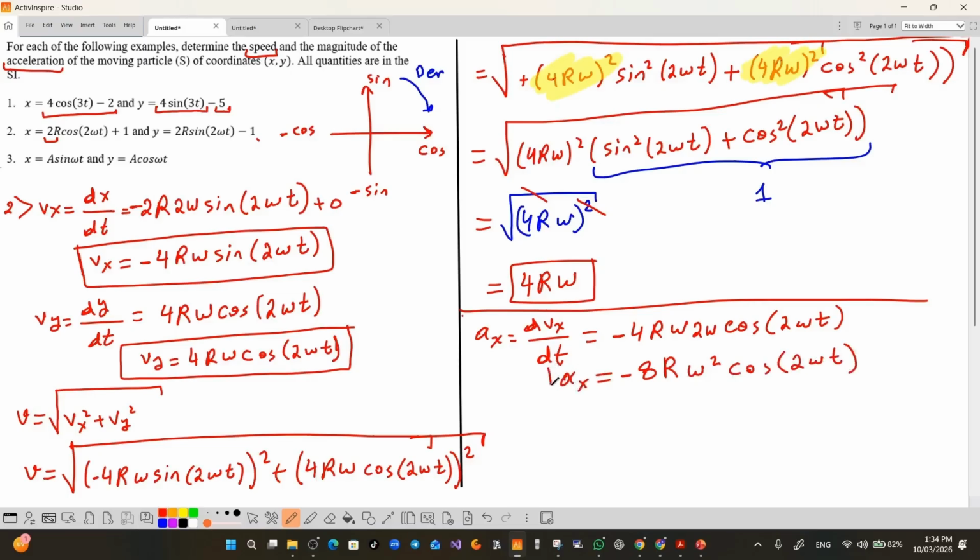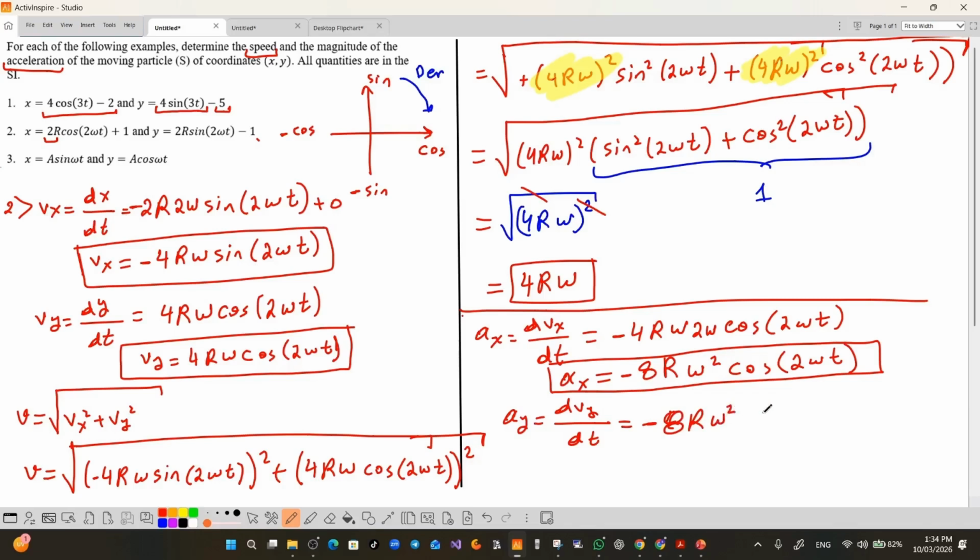This is the ax. What about the ay? It's the derivative of the Vy with respect to time. Now the derivative of 4r omega cosine, the derivative of cosine will be minus sine, so we place minus and the same coefficient again. No need to double the work. But now the cosine becomes the minus sine. We place the minus outside, so we just need to add the sine 2 omega t, and this is going to be the ay.